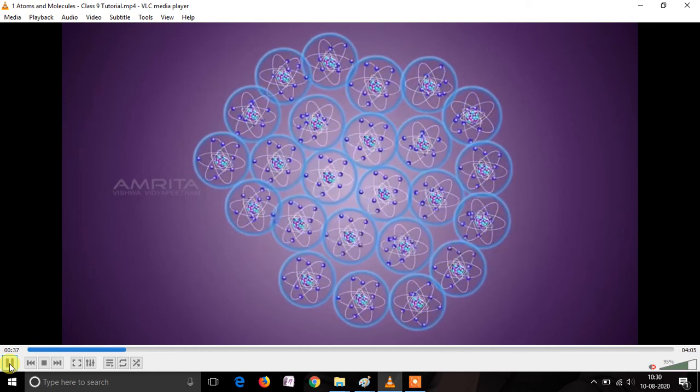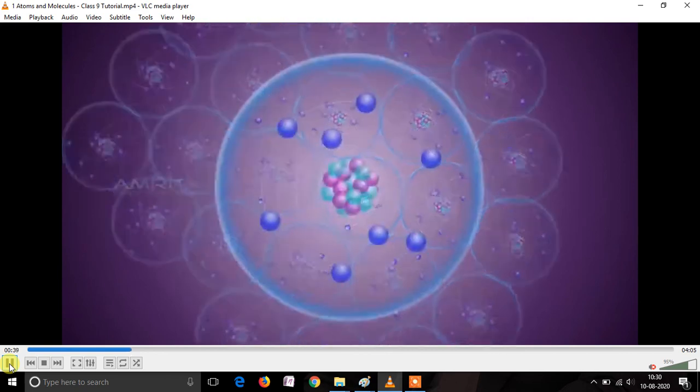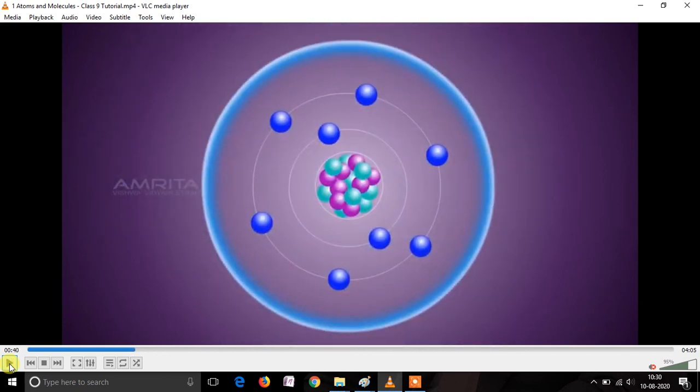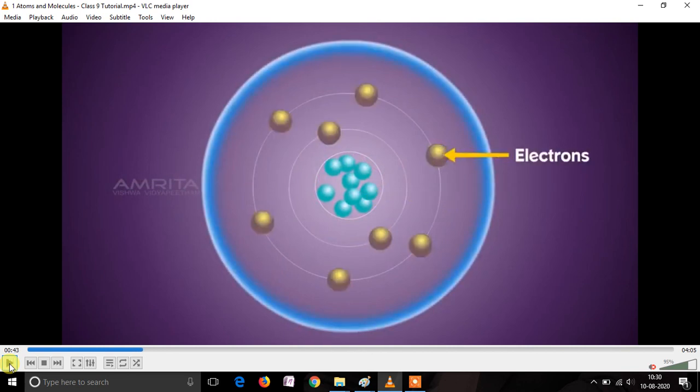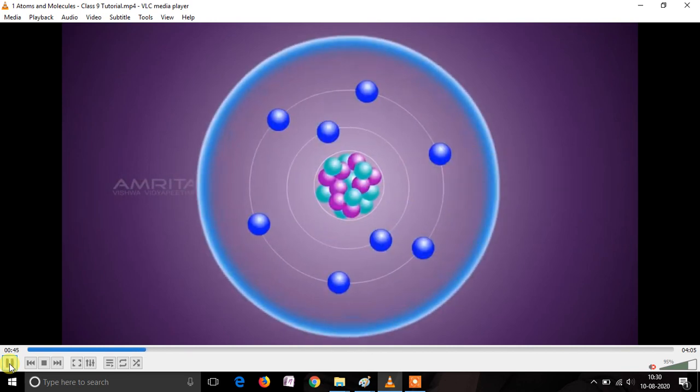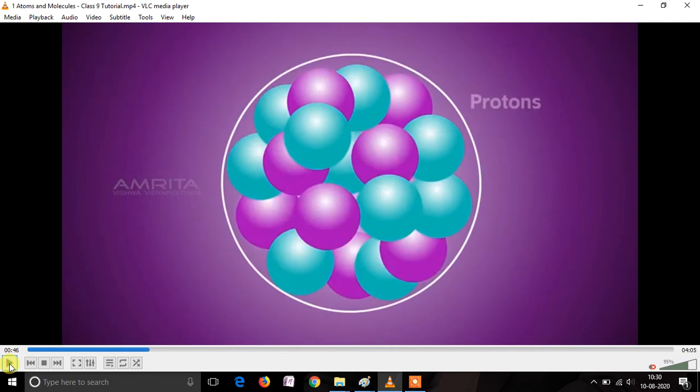If we zoom up to a single atom, we see that an atom is made up of three different kinds of subatomic particles: protons, neutrons and electrons. Now the nucleus of an atom has been zoomed up, and it is clearly visible that the nucleus consists of two different types of subatomic particles.